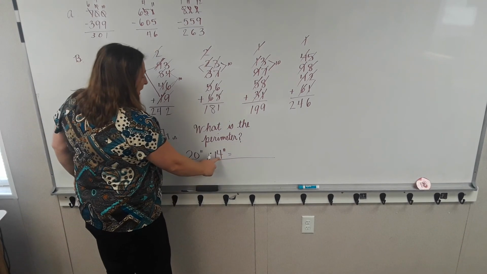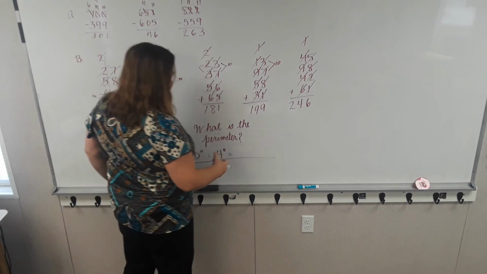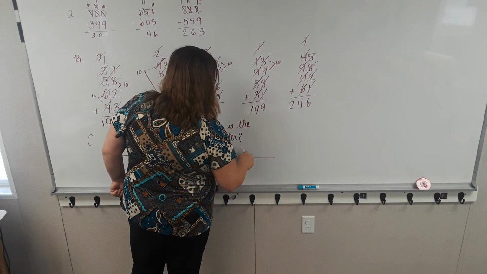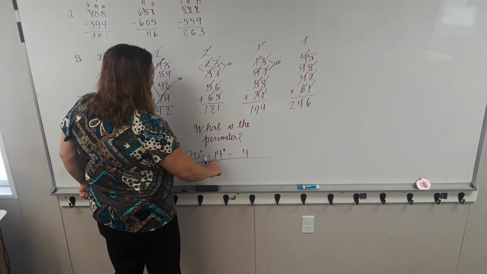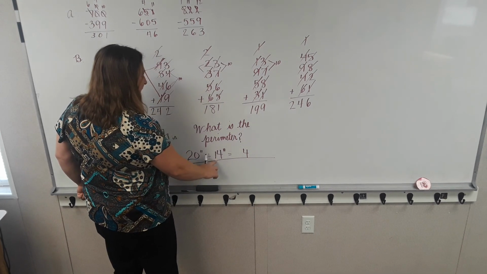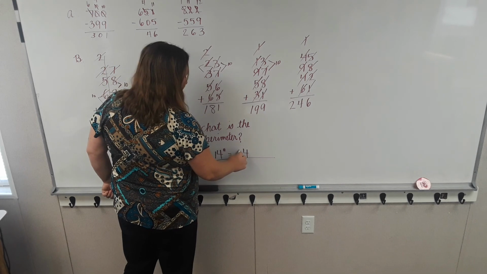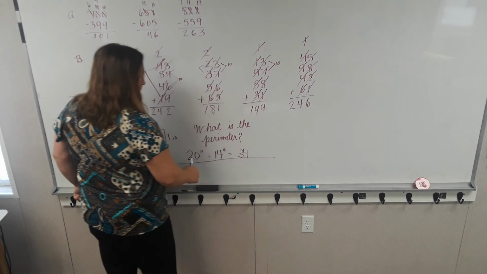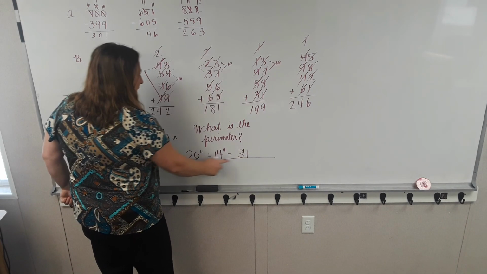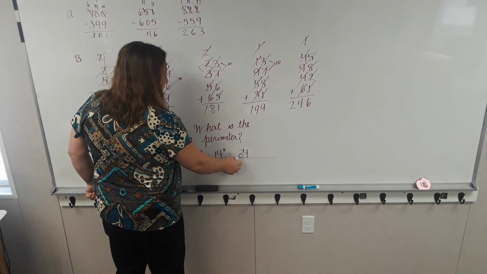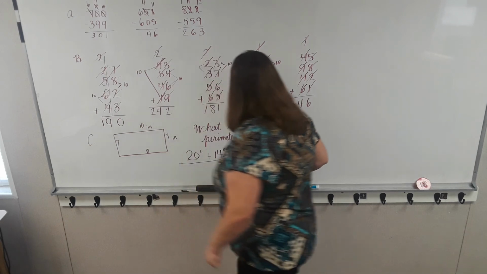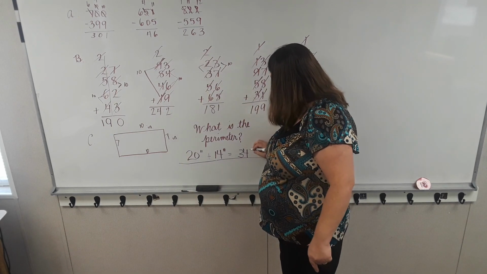Remember, we have 4 ones and 0 ones equal 4 ones. And we have 2 tens and 1 ten equals 3 tens. 4 plus 0 equals 4. 2 plus 1 equals 3 for the perimeter of 34 inches.